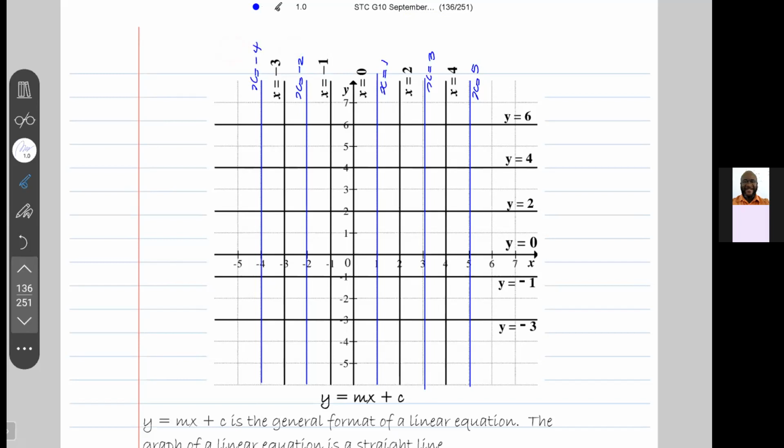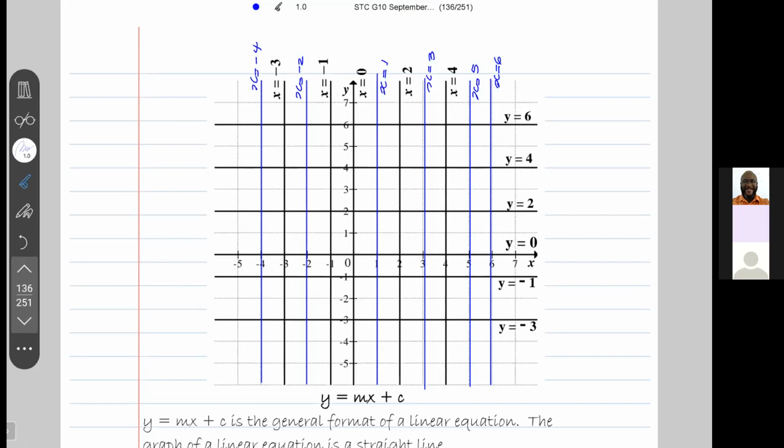So if we start from, let us say, this n, here x is equal to 6, x is equal to 5, x is equal to 4, x is equal to 3, x is equal to 2, x is equal to 1. Now, the y-axis is the line x is equal to 0. Can everybody see that?